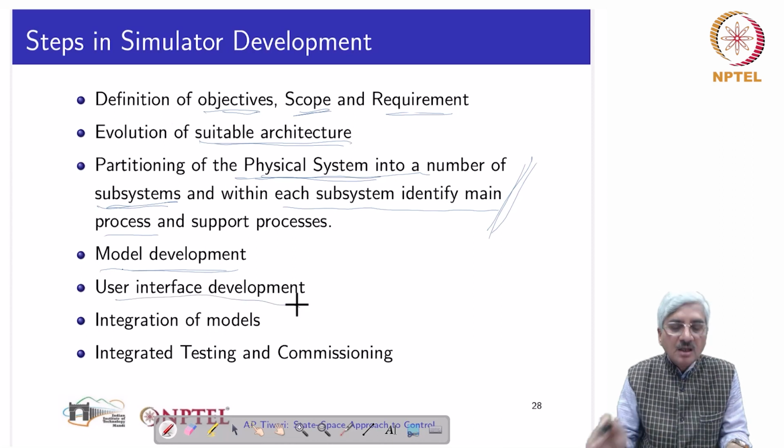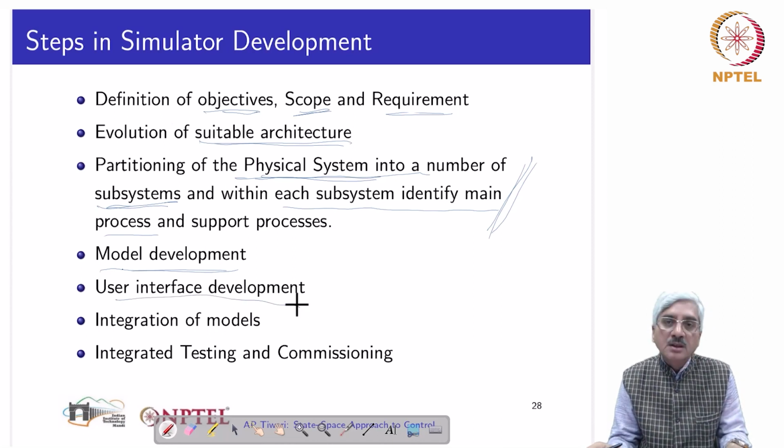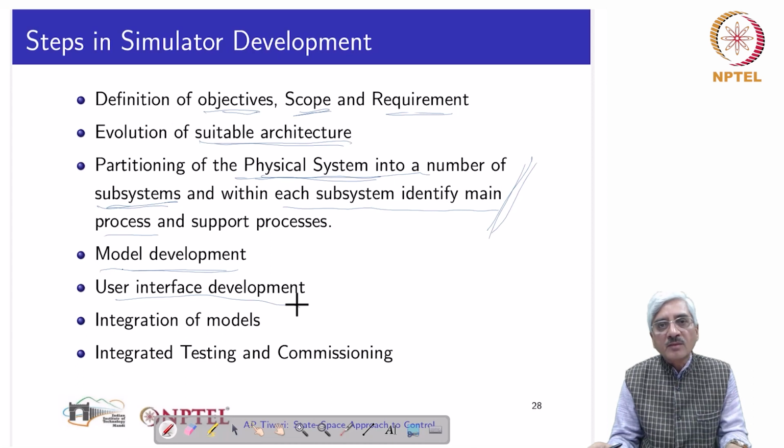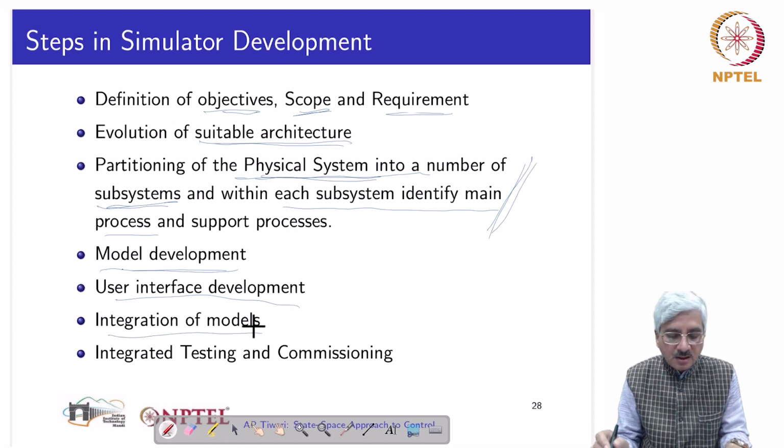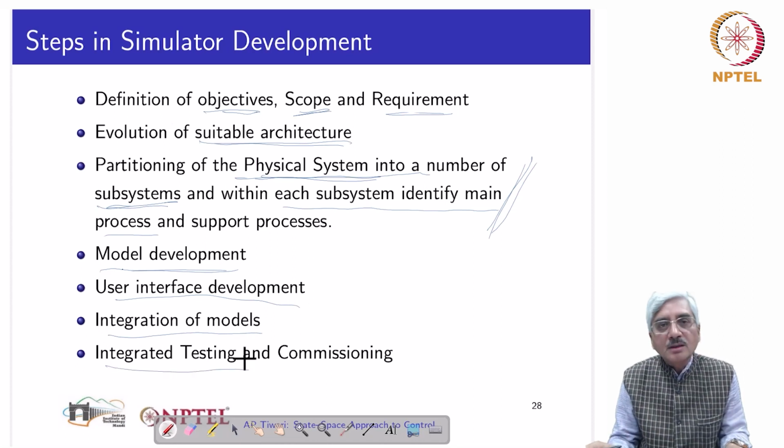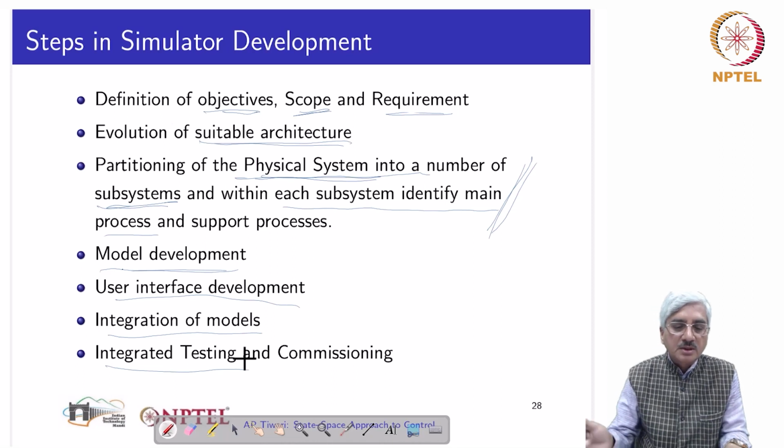The user interface has to be planned and developed. All the models and the user interfaces are to be integrated together. The whole thing has to undergo integrated testing, and finally the simulator is commissioned.